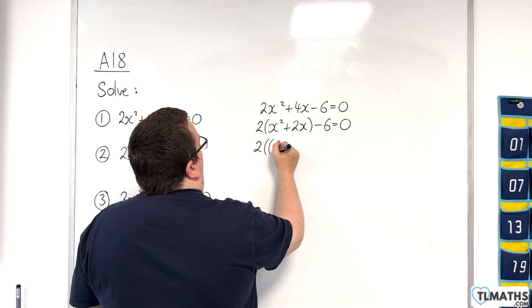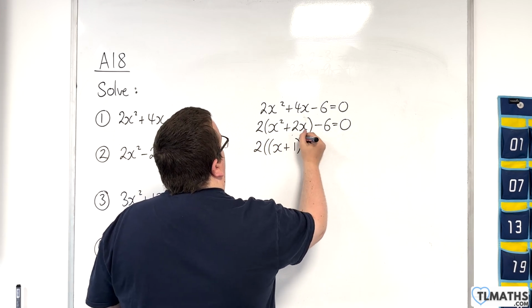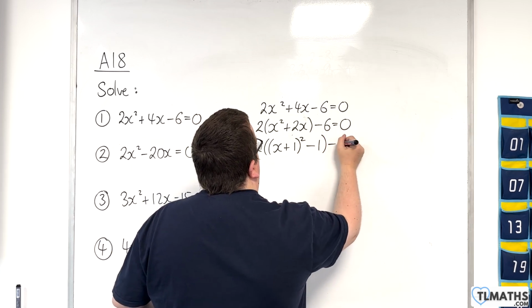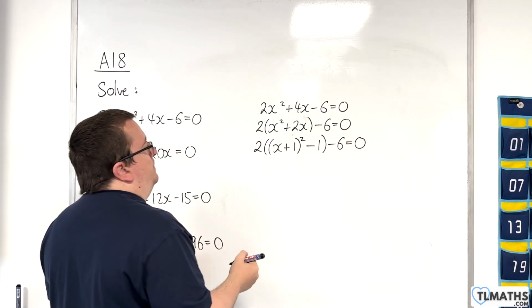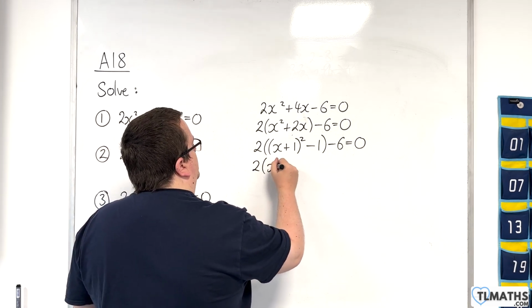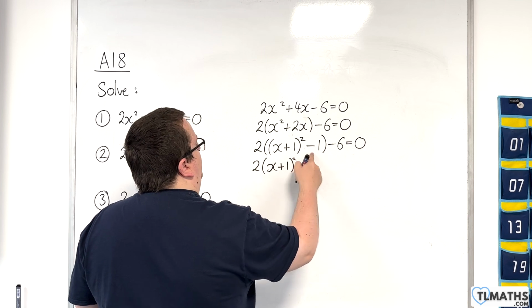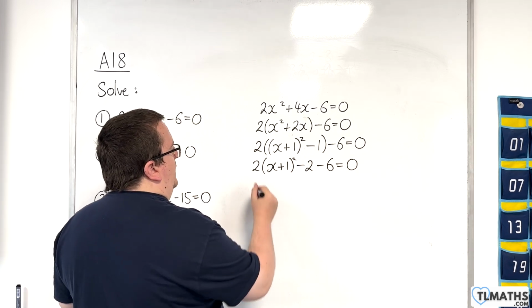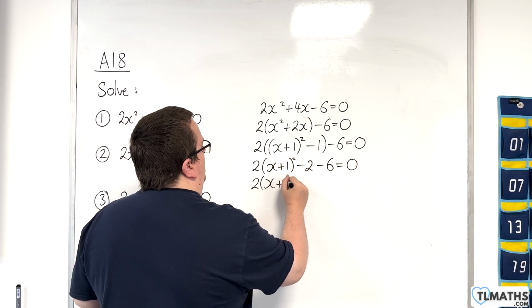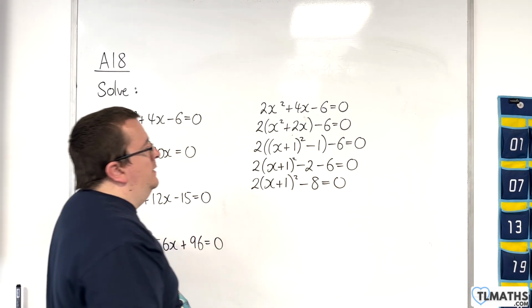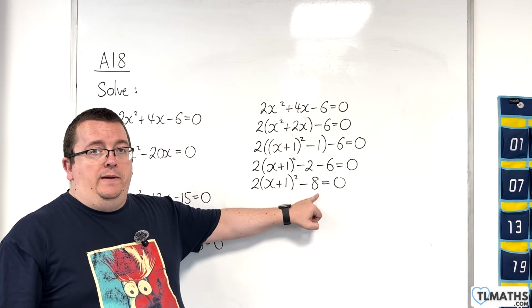So 2 lots of x plus 1 squared, take away that number squared, so 1, and we've still got the take away 6 on the outside. Now multiply through, so 2 lots of the bracket, so x plus 1 squared, 2 lots of the minus 1, and we've got the take away 6 equals 0, and now tidy. So 2 lots of x plus 1 squared, take away 8 equals 0.